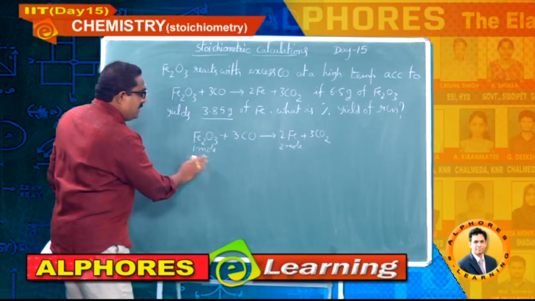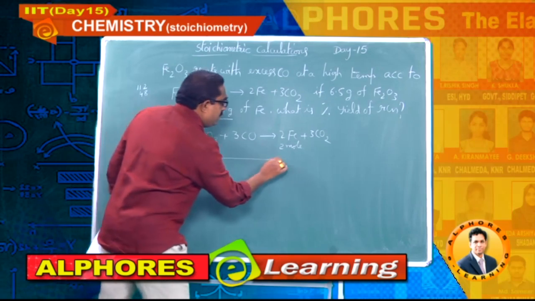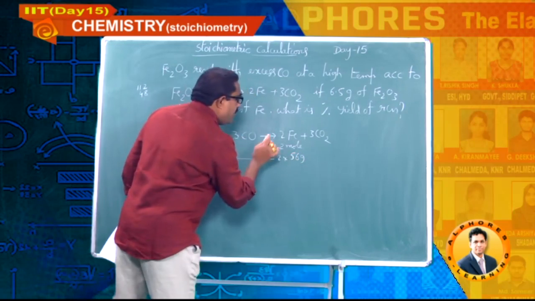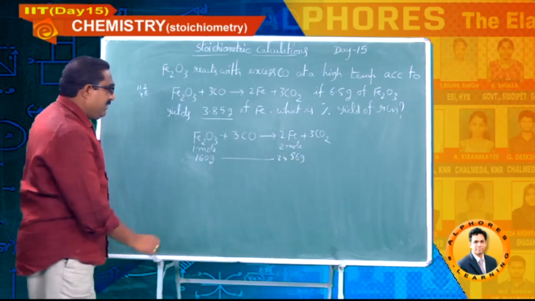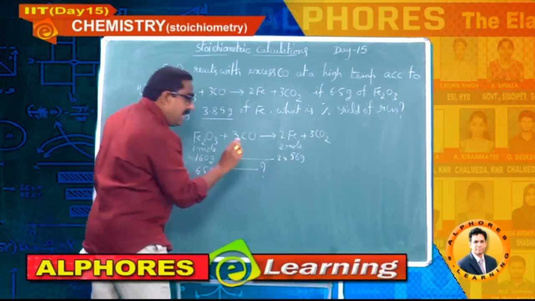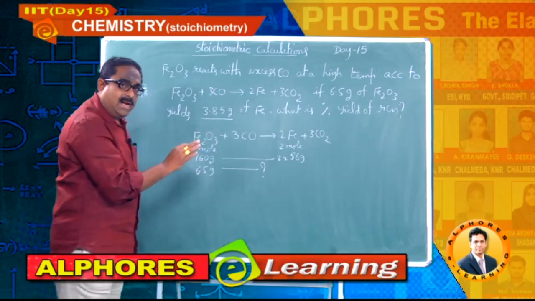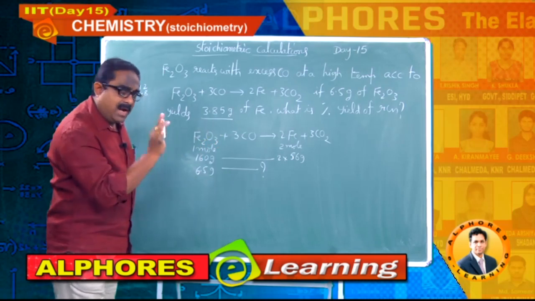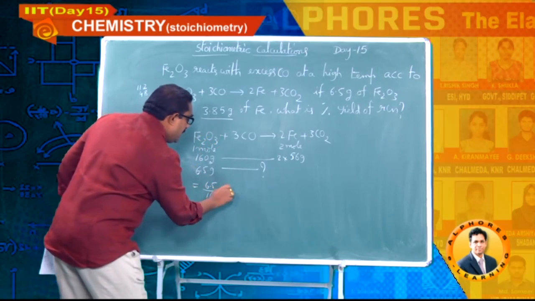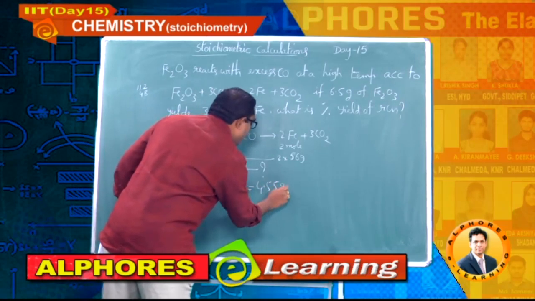According to the balanced equation, 160 grams can give rise to 2 into 56 grams of iron. Now he has taken 6.5 grams, so 6.5 divided by 160 into 2 into 56. This you will get as 4.55 grams.